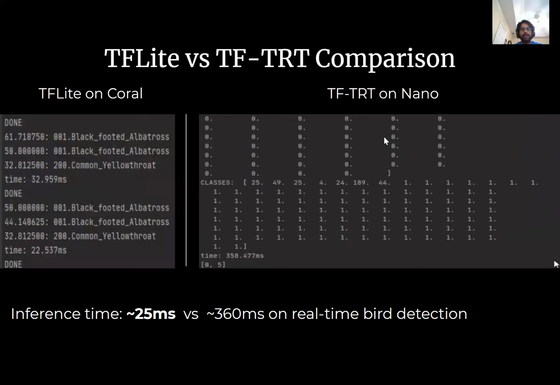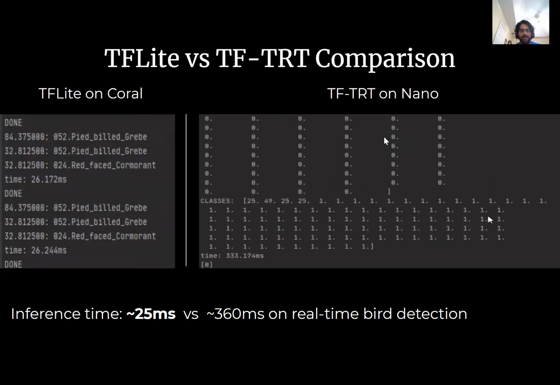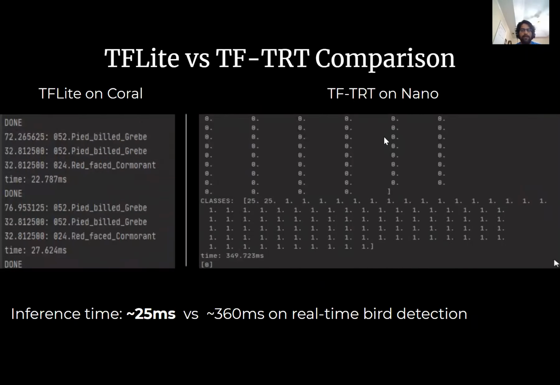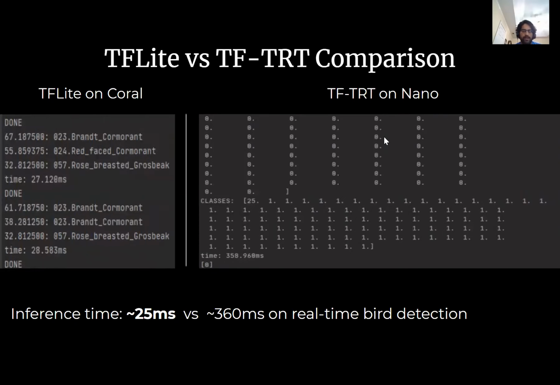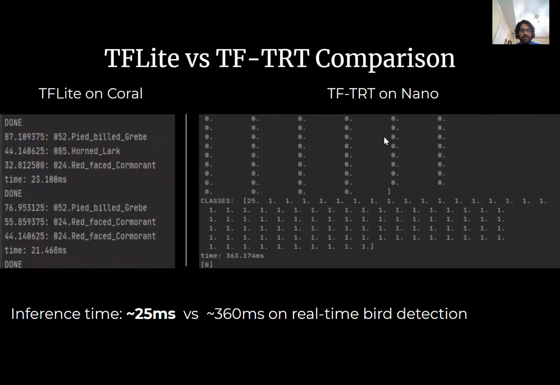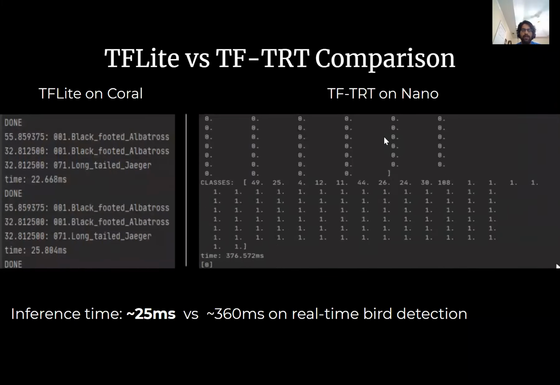So here we have two optimizations that are running on the same model. On the left, we have TF Lite, and on the right, we have TF-TRT. It's important to say that there are three main optimizations that we were looking at: TF-TRT, TensorRT, and TF Lite.